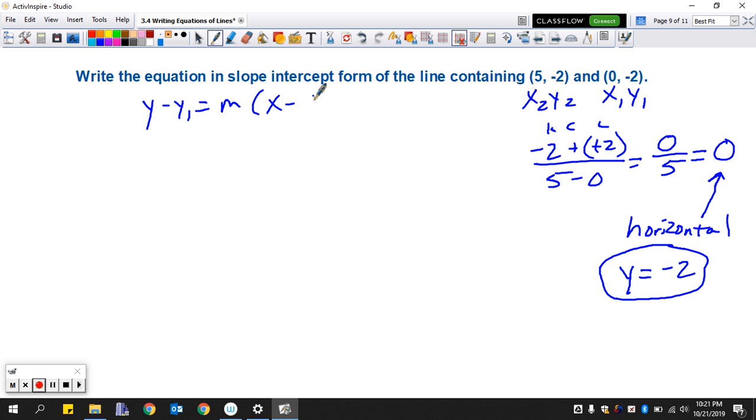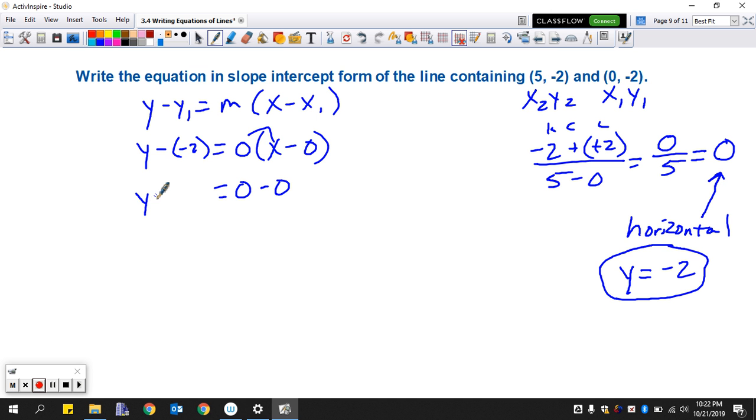All right, when we plug in our values, y minus y1, well, that is y minus negative 2, is equal to m, which is 0, times x minus 0. Distribute. 0 times x is just 0. 0 times 0 is 0.